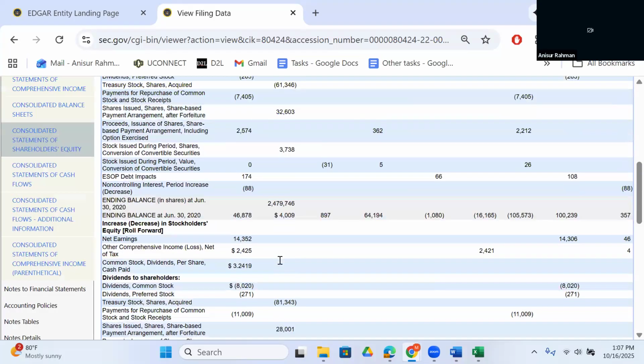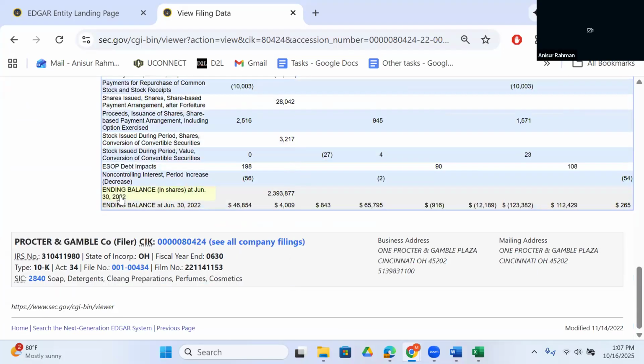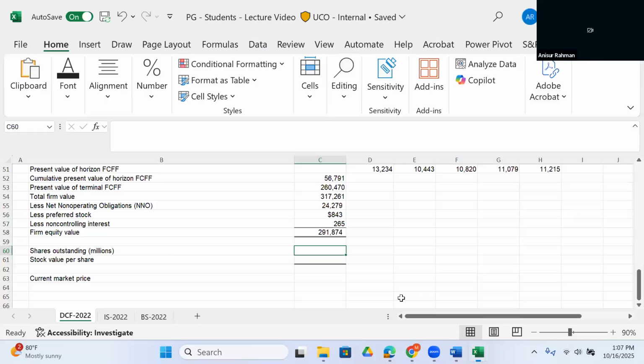So this is your common stock ending balance. This is this number, right? It's just one number. You don't have to copy the entire statement. So I'm going to paste this number here.